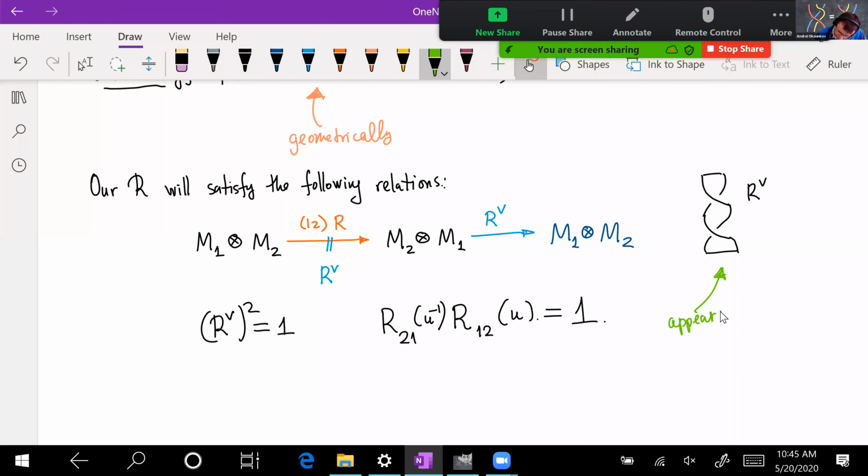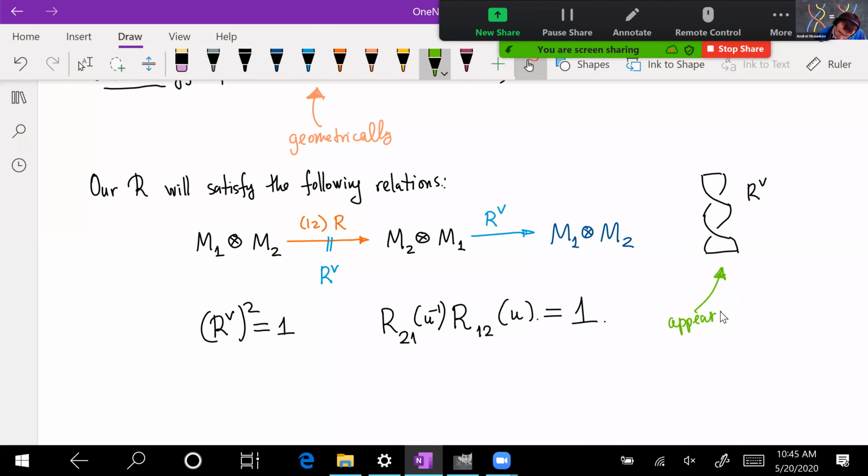So you think this is less general, but in fact it's more general. This relation, which looks not like a braid relation but like a symmetric group relation, is in fact more general than this relation. We'll get there.